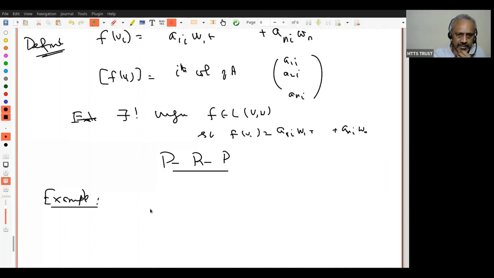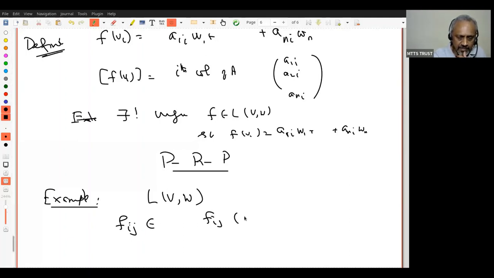Right, anyway, come back. Now let us look at, there are two things. Our L of V, W, do you remember? We showed it's mn dimensional, by showing some vectors Fij as a basis. What was Fij?